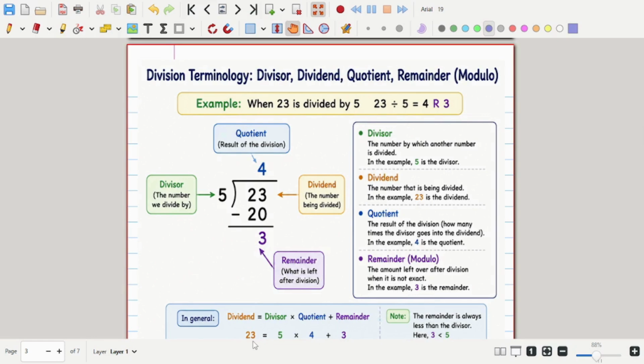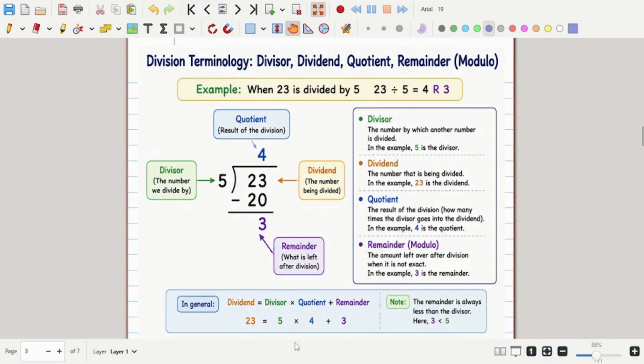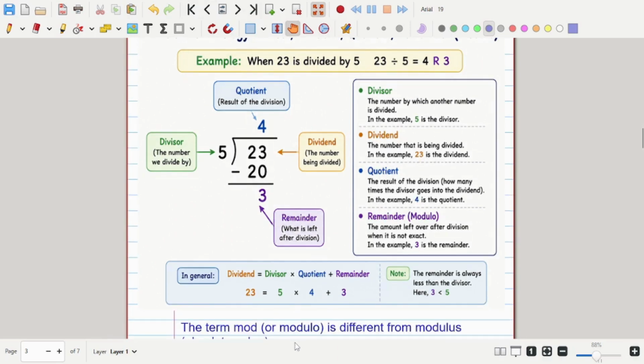So 23 is equal to 5 times 4 plus 3. Note that the remainder, the leftover after the division, is always less than the divisor. Here 3 is less than 5.